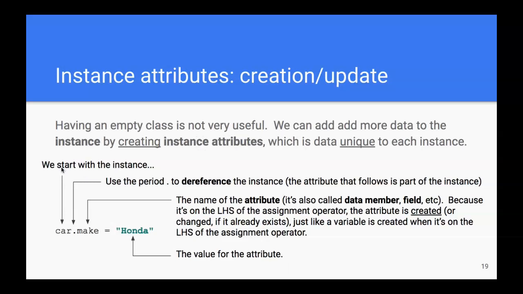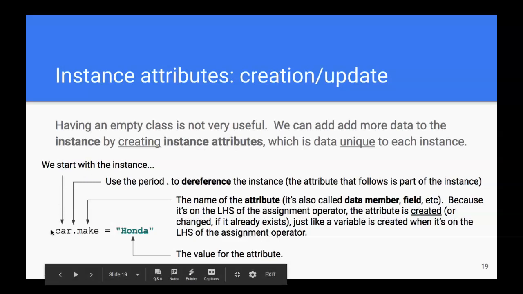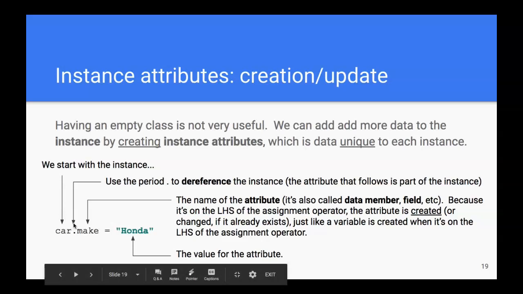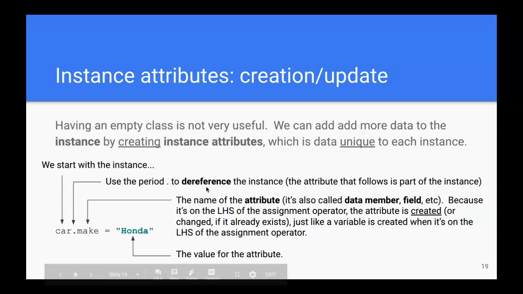Okay, so the syntax here is we start with the instance, we call our instance car. We follow with the period, the dotted notation. We've seen that previously mostly in string dot format, but now more formally, what this does is that the dot dereferences the instance.